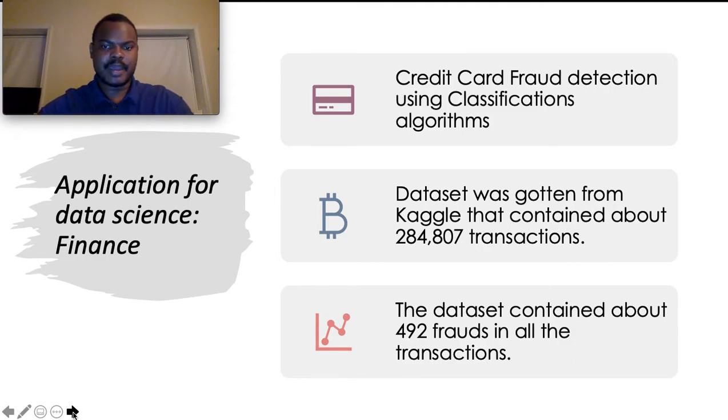The reason why I mentioned the number that were fraudulent is because within machine learning and data science, this provides a unique problem that data scientists need to think about as they deal with the data. It's a field called imbalanced data, and data scientists have to come up with mechanisms to address this problem.